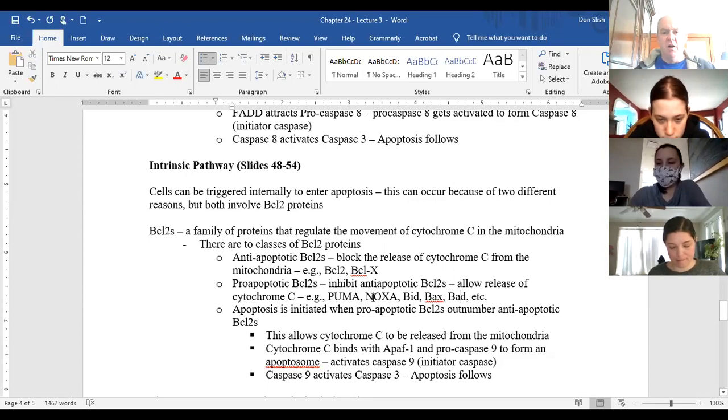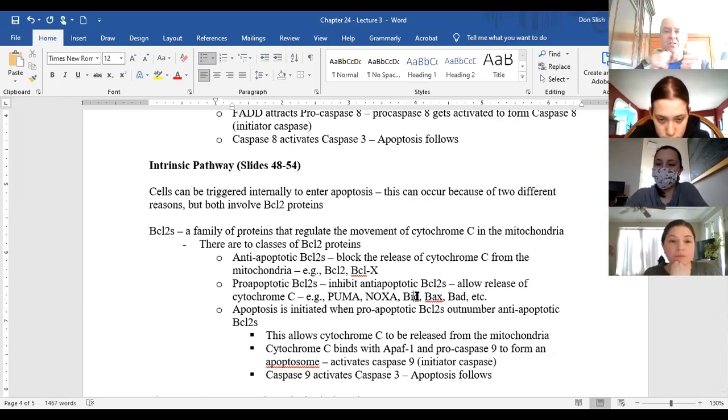So all of these things are pro-apoptotic BCL2s. And the way you want to think about it is you've got your anti-apoptotic BCL2s in the membrane of the mitochondria, and you have to outnumber that with the pro-apoptotic BCL2s.